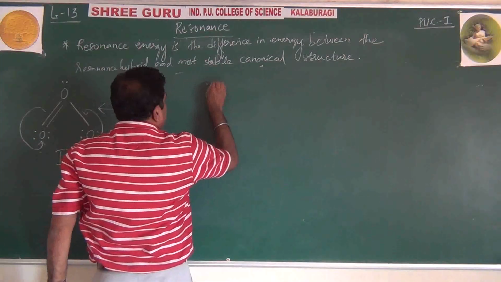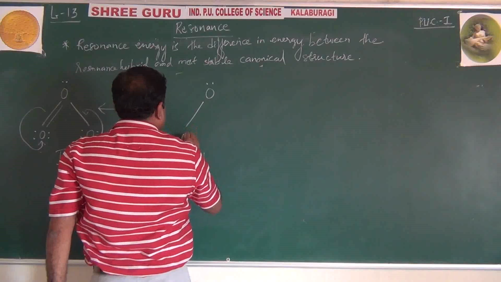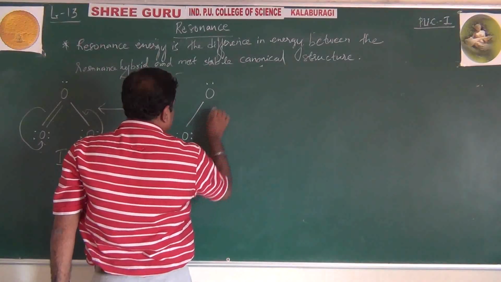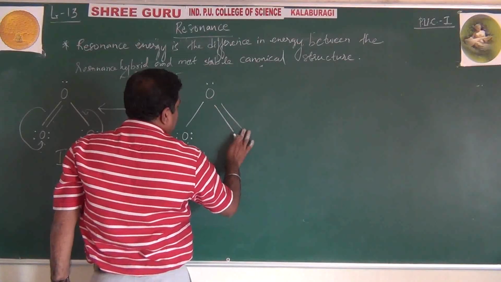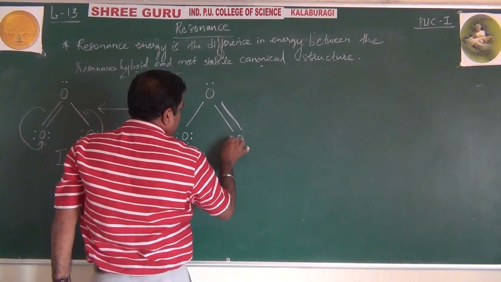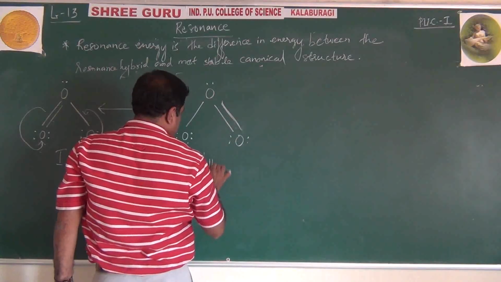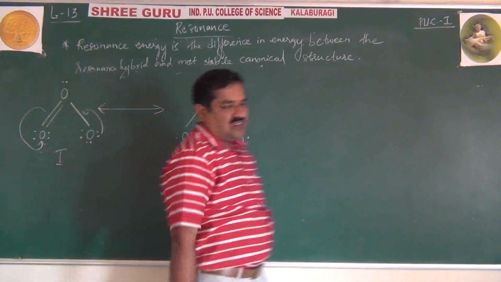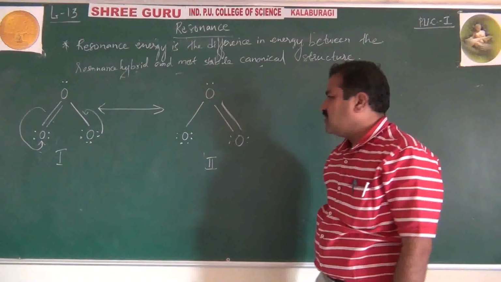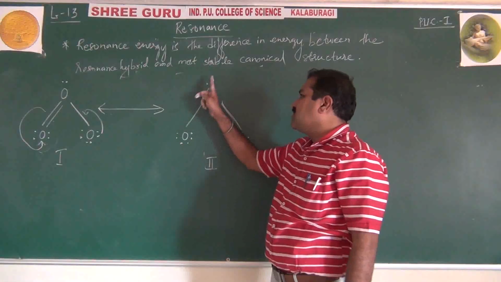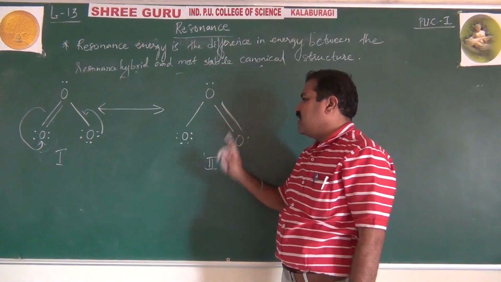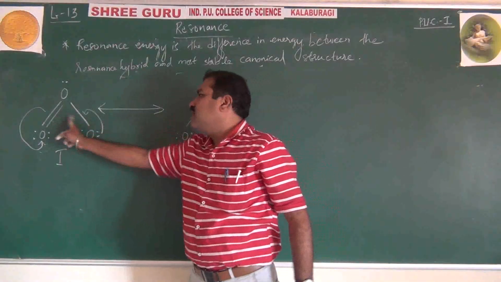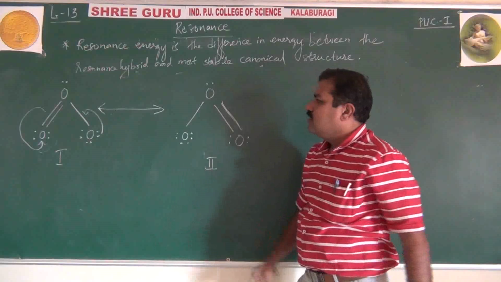Remember, the single bond is not disturbed. Here is the double bond. See whether there is any disturbance in the lone pairs or any change in the octet. No. Here also only the bond shifted from here to here. That is called resonance.